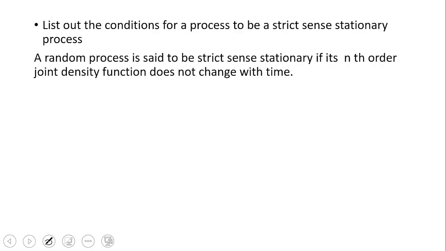A random process is said to be strict sense stationary if its nth order joint density function does not change with time. Second order means we wrote only x1, x2. Now it is nth order.